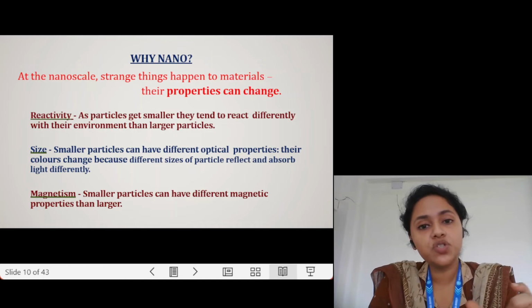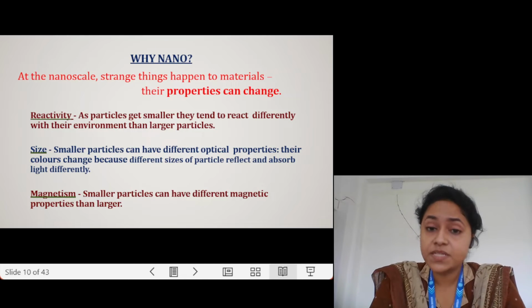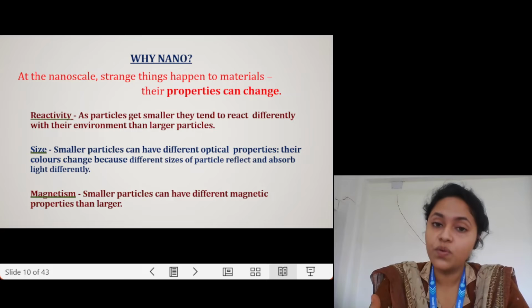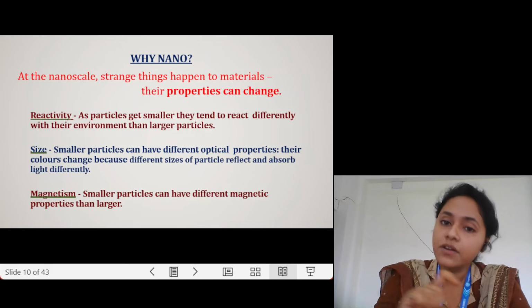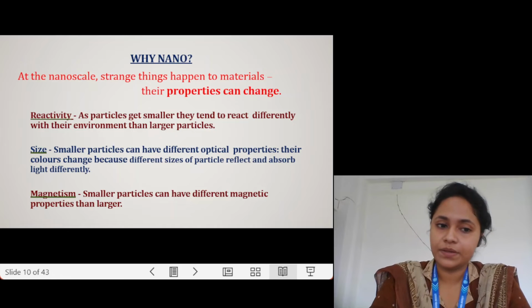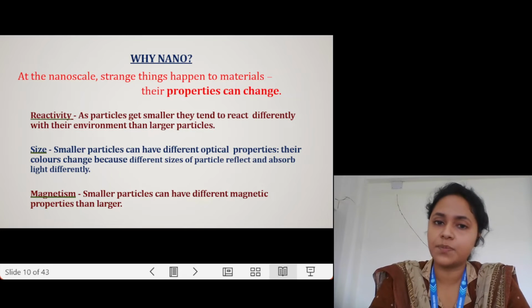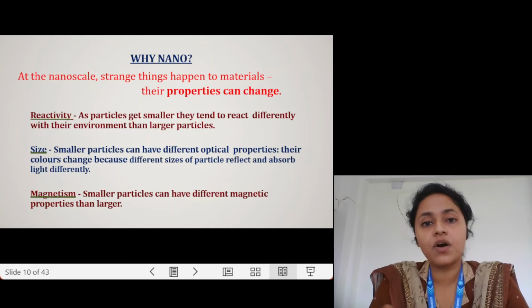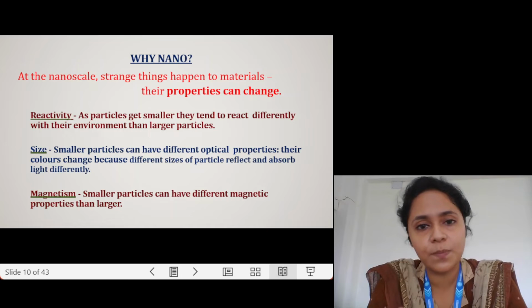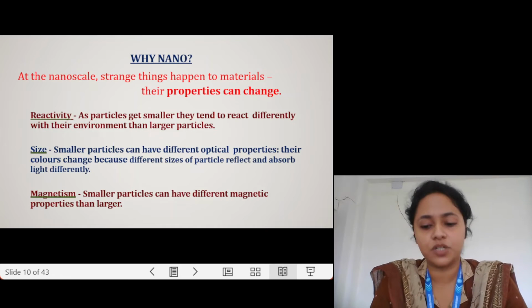So whenever you change the diameter or size of the particles, its optical properties, meaning which color it will absorb and which color it will reflect, get altered, and hence the color of the material will get altered. Fine. And then magnetism: smaller particles may have different sorts of magnetic properties and so on. These are a few of the properties that get altered, and they will have a huge impact on that material's applications.